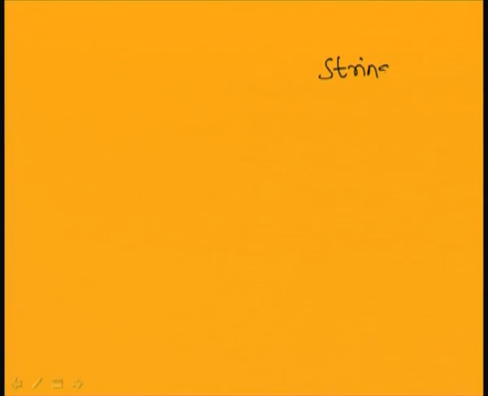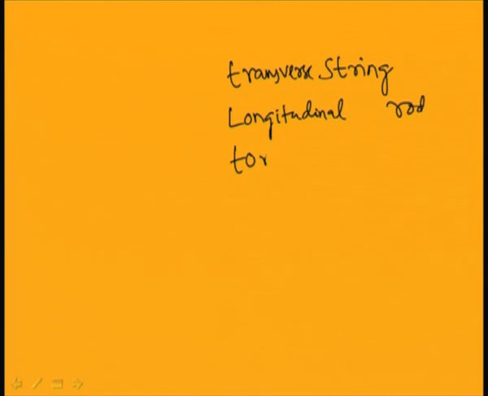In this way you have derived the equation of motion of the one dimensional vibration of a string. So for the string you have found the equation of motion, and this is transverse vibration of string, then longitudinal vibration of rod, and torsional vibration of shaft.